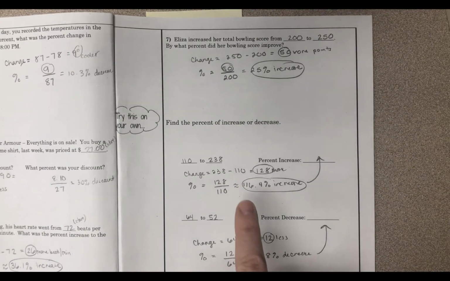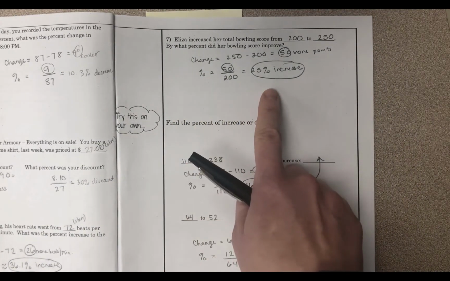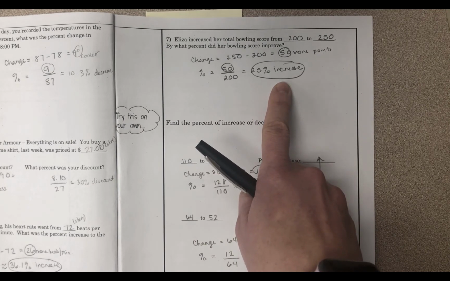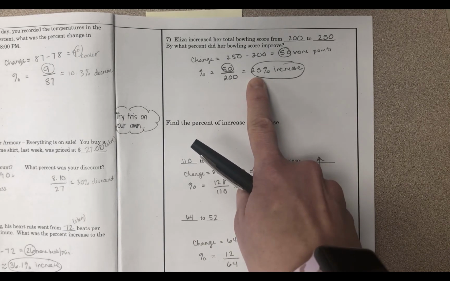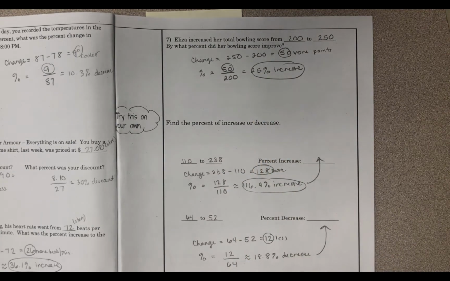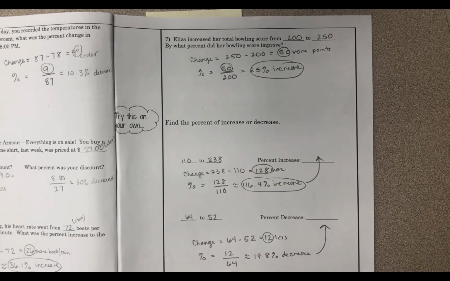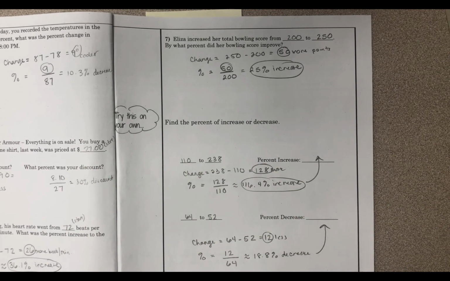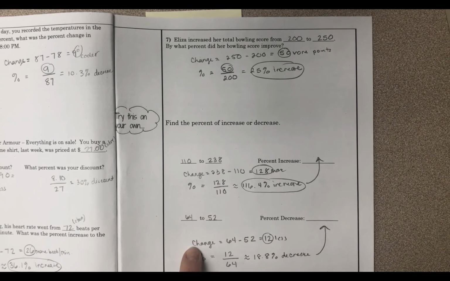For number 7, by what percent did her bowling score improve? Her score increased by 25%. And then for the you try on your own, which you did all these problems on your own, you should feel good about that. And for the last 2 here, these are very similar to the first 2 that started yesterday's lesson.